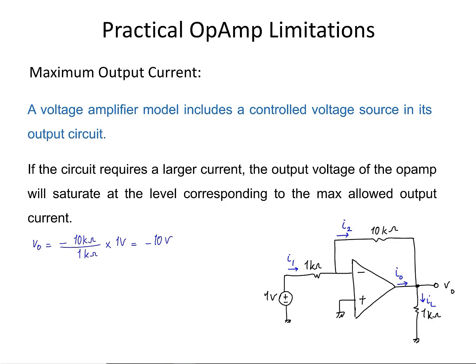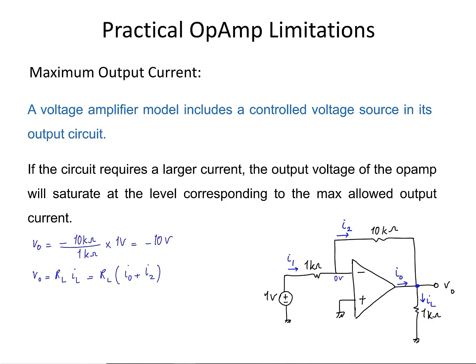Now, I also know that Vout is equal to RL multiplied by IL. Using the KCL at the output node, I have IL equals IOut plus I2. So I2 and IOut enter the node and IL leaves the node.